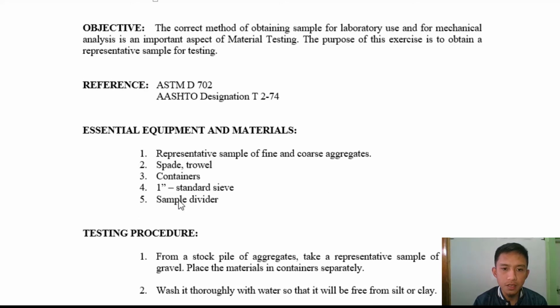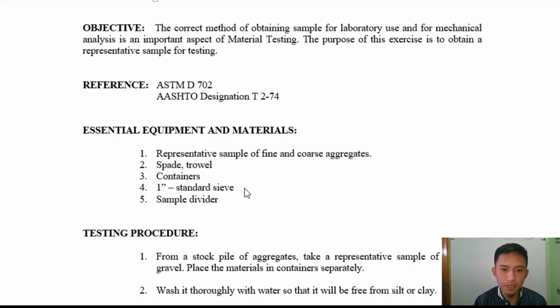Containers, of course, and then a 1-inch opening standard sieve. And then of course a sample divider, but I did not show this in the video, since it is very big and I cannot bring it on the table. However, if you can research this, it is just a metal box wherein you pour the sample and it will be divided.